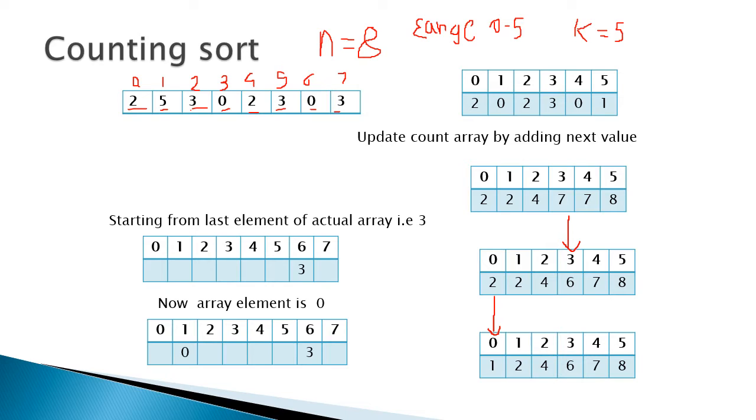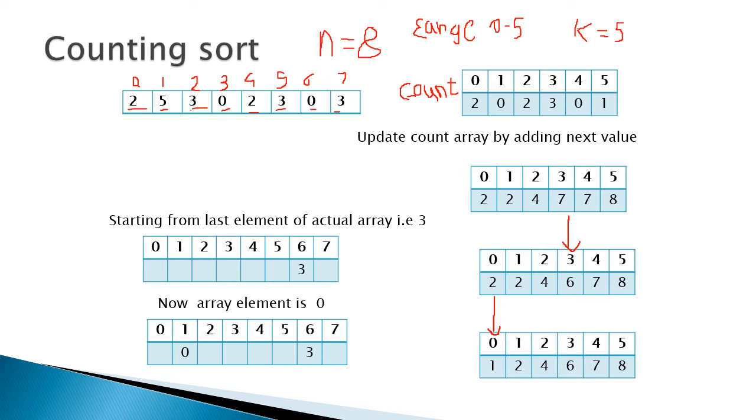After counting the elements, we have to store the count of these elements somewhere. For that purpose we have to declare one more array, the count array. The size of the count array would be k plus 1.